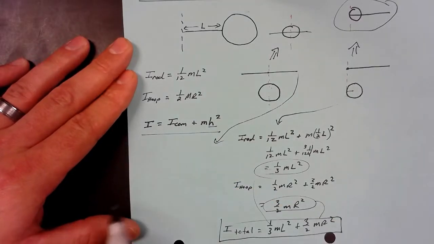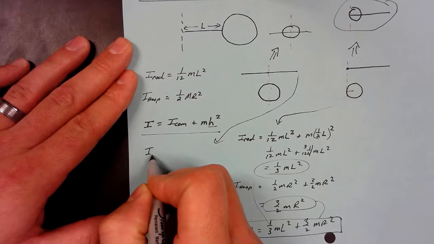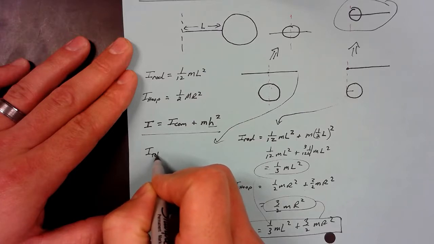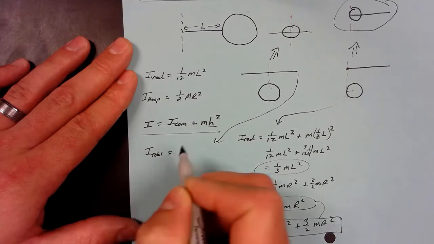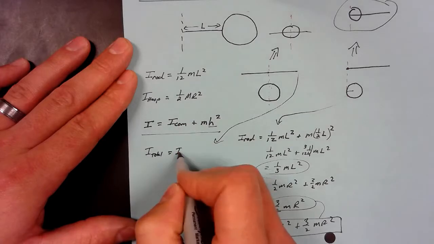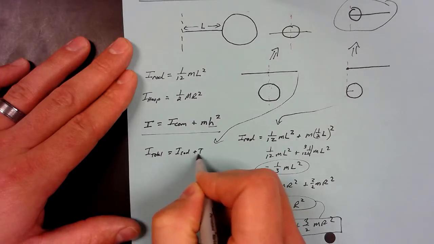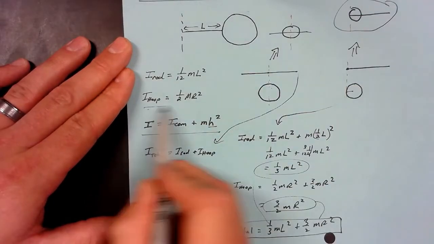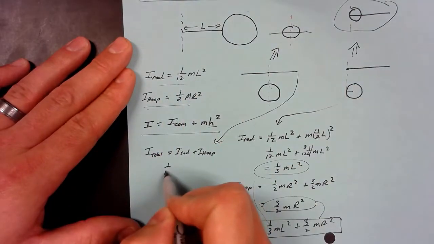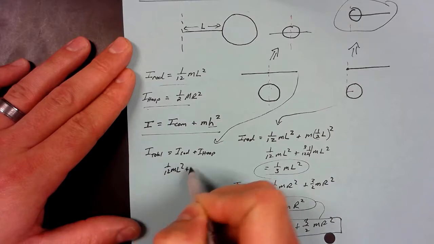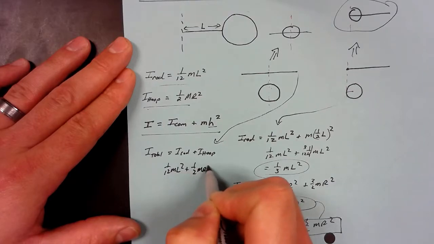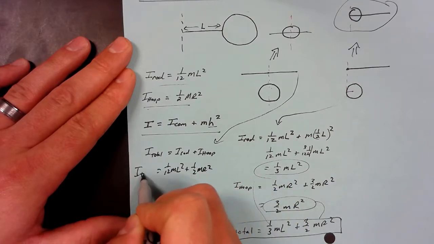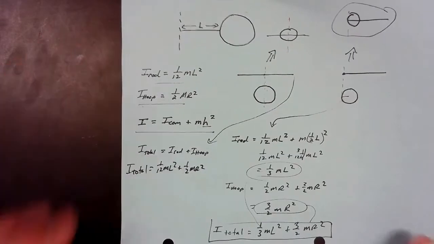You're just adding up the I of the rod plus the I of the hoop. And these are the original values here. 1/12 ml squared plus 1/2 mr squared, and that would be I total there. All right, so not too bad, right?